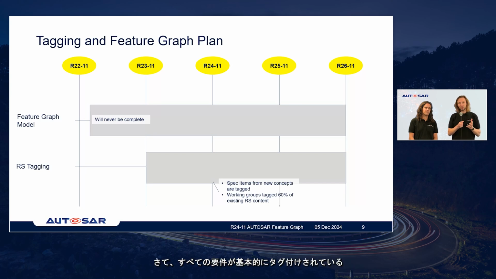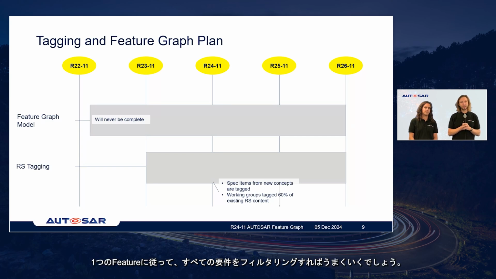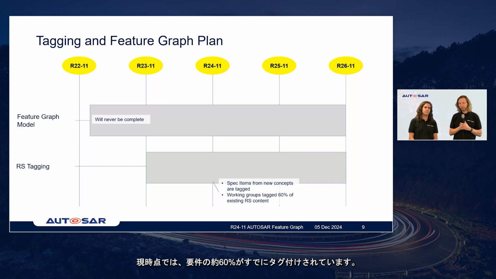It would be good if we could filter the whole set of requirements according to one feature, so that all the requirements are tagged with something. For now, we could already achieve that approximately 60% of the requirements are tagged. So you see there's more work going on, or more effort necessary, also for the next release.